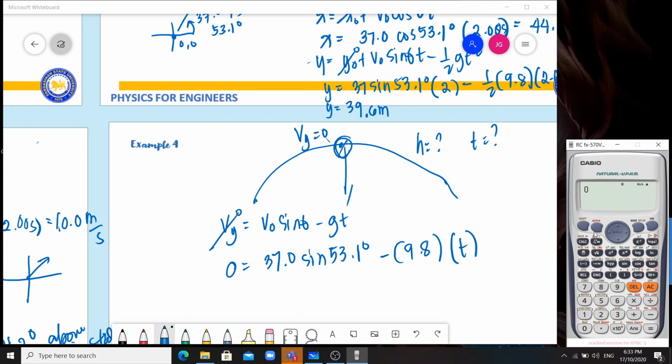So 0 equals 37 sin 53.1 minus 9.8 times x, then shift solve. Our x is about 3.02. So 3.02 seconds.